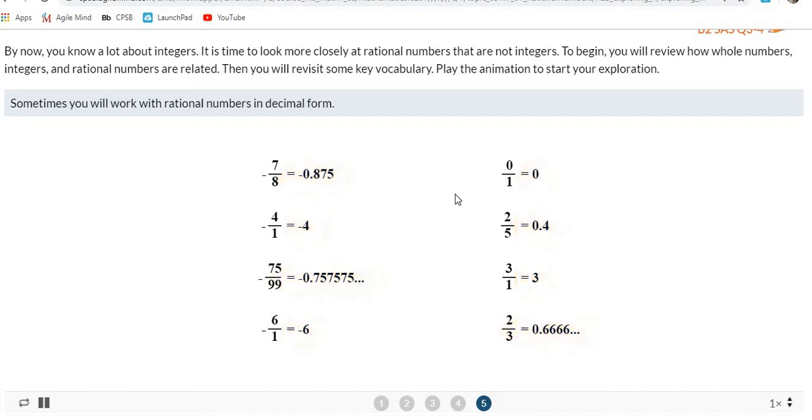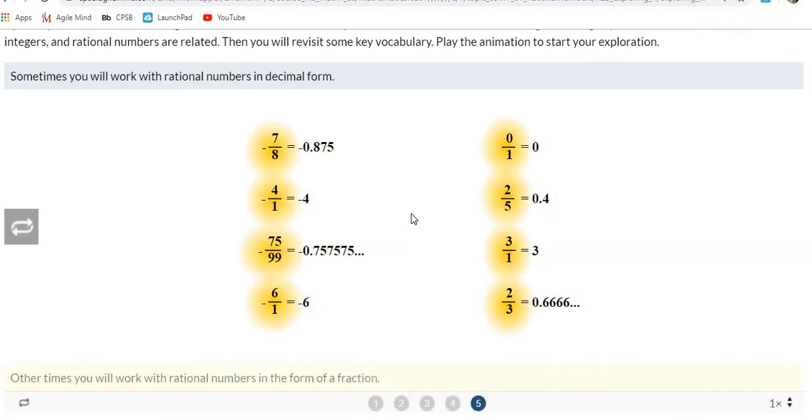Sometimes we'll work with rational numbers in their decimal forms, and sometimes we'll work with rational numbers in their fraction forms. Just depends on what the problem's asking. Sometimes it's easier when it's a decimal, sometimes it's easier when it's written as a fraction.